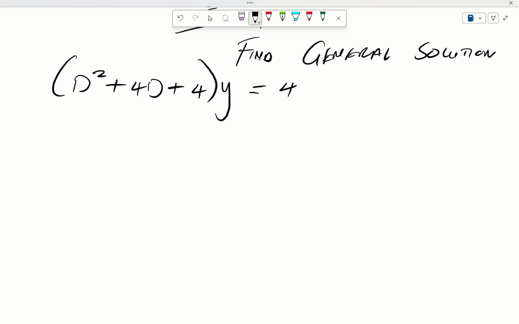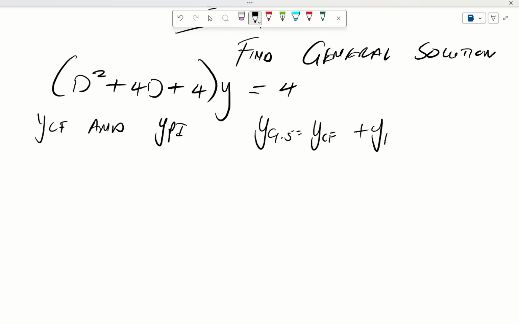I'm going to show you how to do both of them. So here you need to find the YCF and your YPI, the complementary function and particular integral. This means your general solution y is equal to YCF plus YPI.